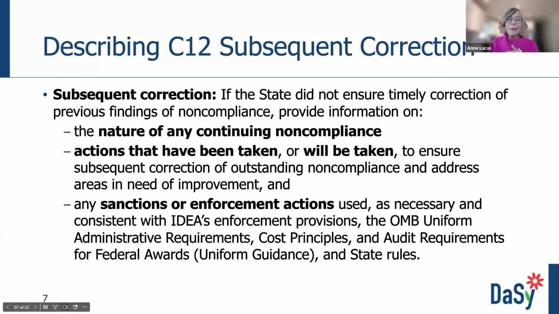So in the description of subsequent correction, thinking about that example that Ginger just showed, where there were several items that were subsequently corrected, what you're going to need to describe is the nature of any continuing noncompliance, any actions that have been taken or will be taken to ensure subsequent correction, and then any sanctions or enforcement actions that you're using or have used to help ensure the correction.